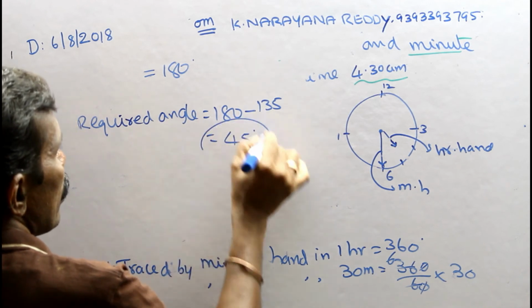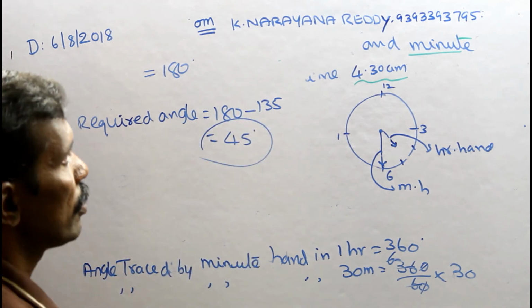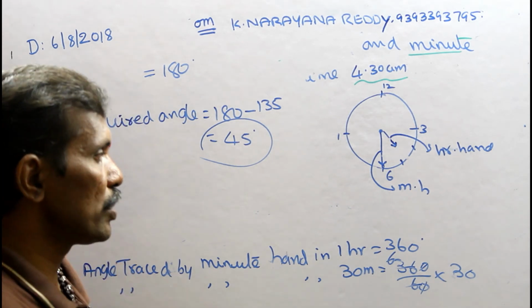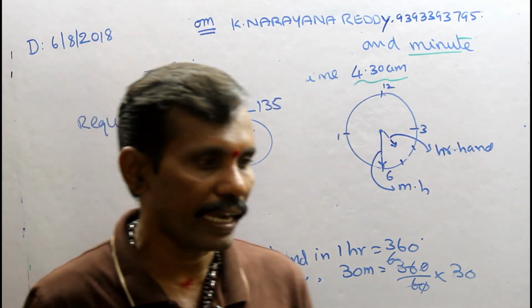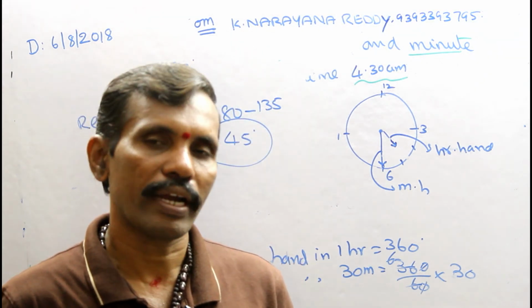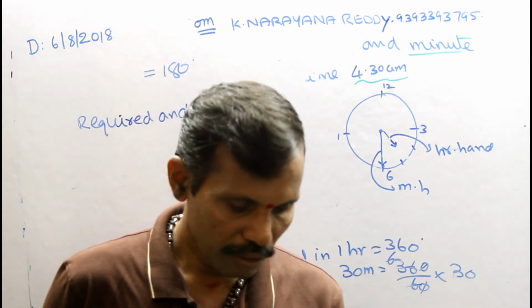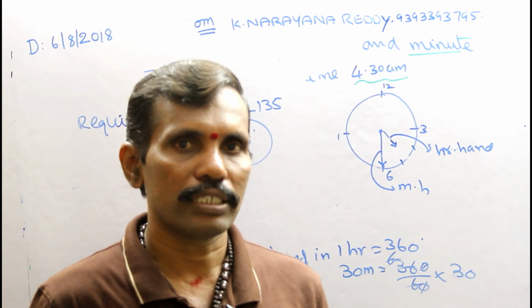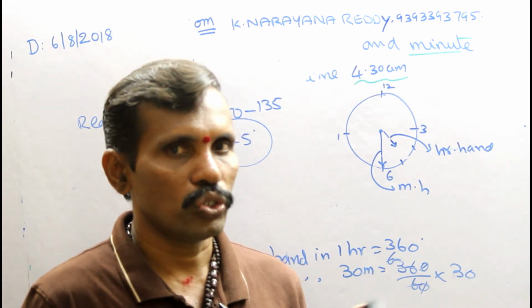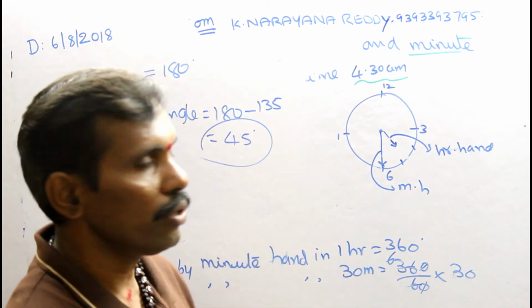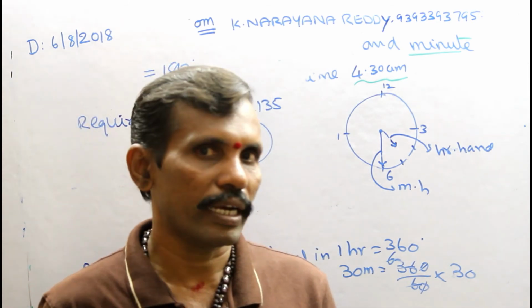That is the required angle made by the hour hand and minute hand. In this way you can find the angle between those two hands. The important point is to find the angle traced by the minute hand and the angle traced by the hour hand, and subtract them to get the answer.